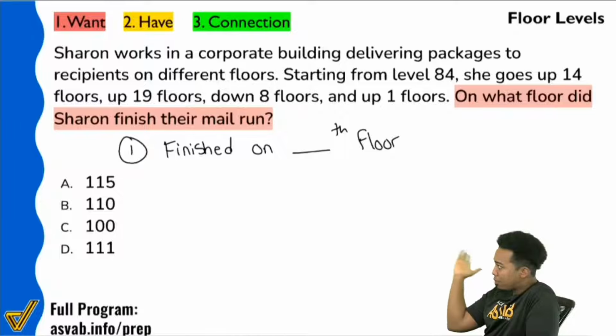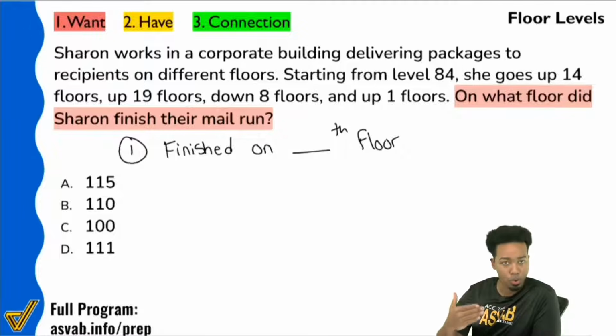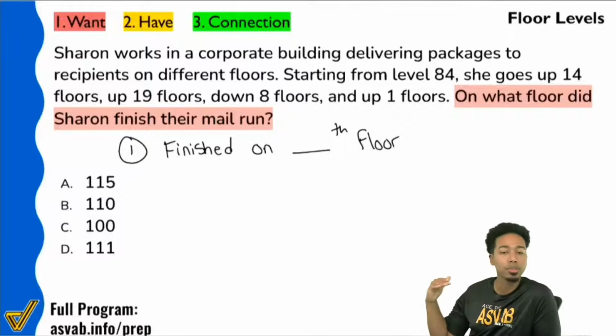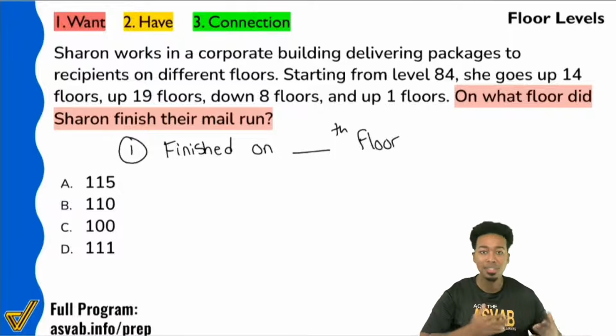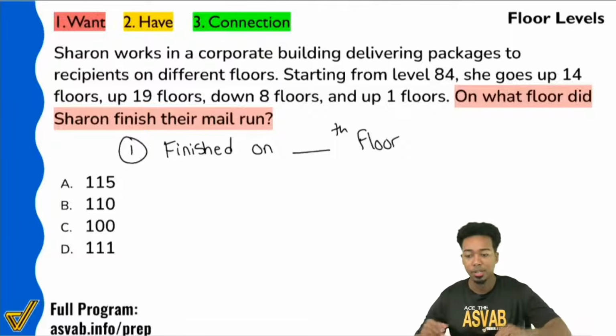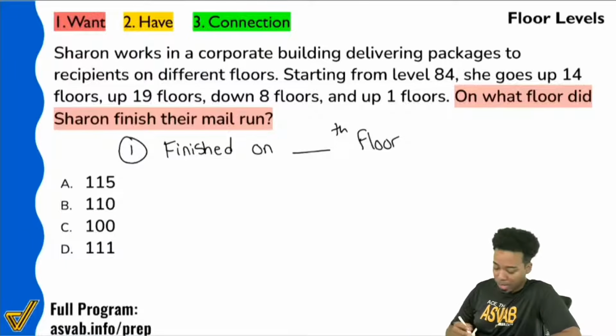It means you're looking for a floor of a building. Get yourself into the story. That's the most important thing about word problems, because if you understand the story, you understand the math. It's a lot easier to build those connections. So that's number 1: we finished on the blank floor.